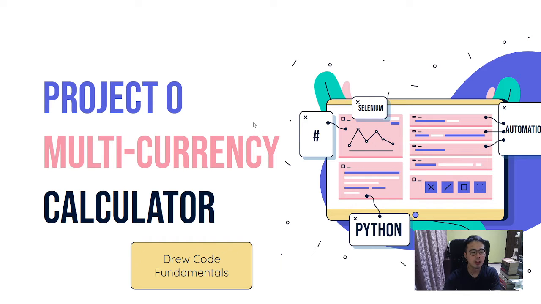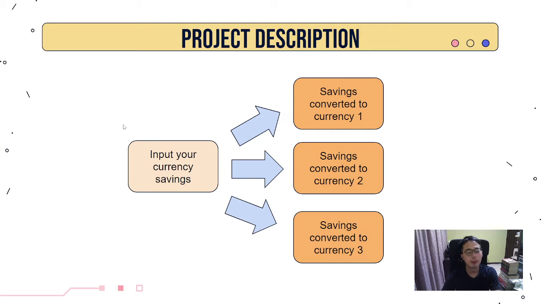Today, we are going to build a multi-currency calculator. What is this? Suppose you are lazy and you don't want to Google it again. I have savings in one currency and I want to know the amount converted to currencies 1, 2, 3.